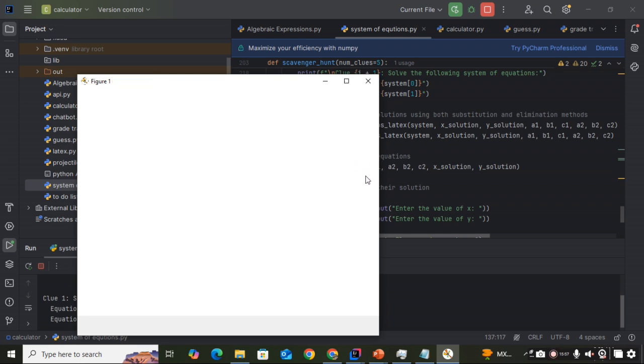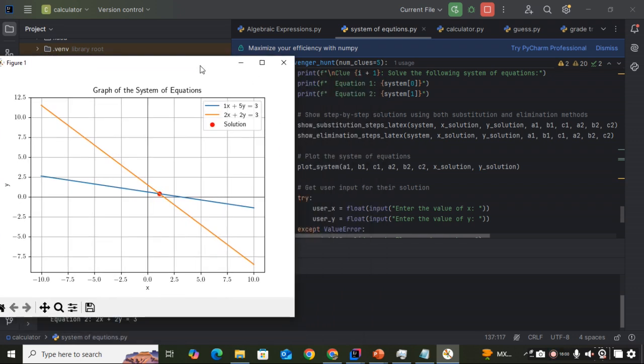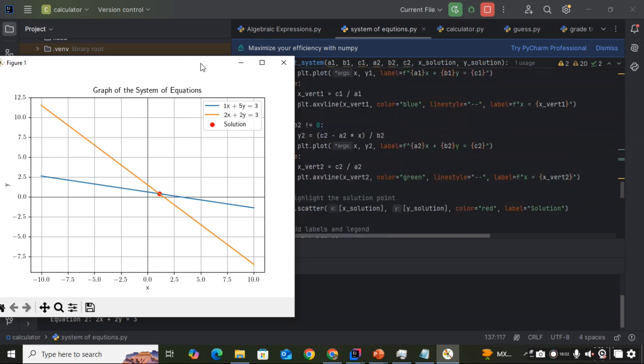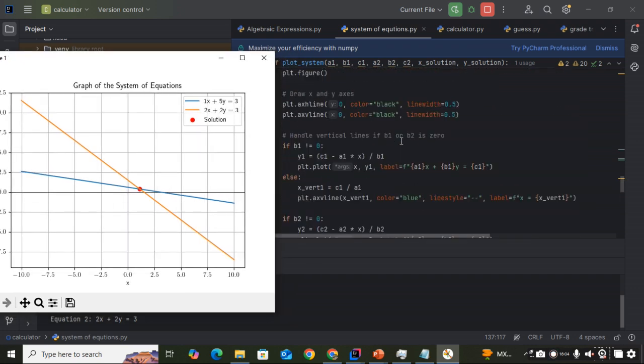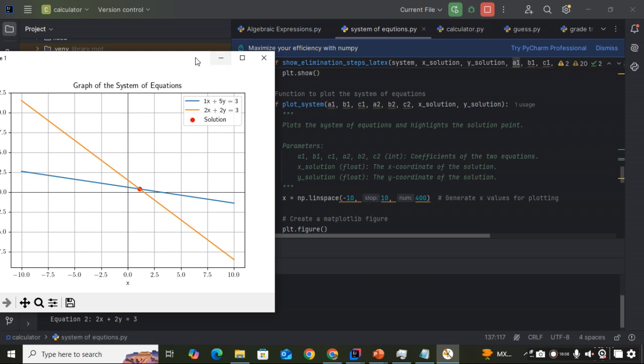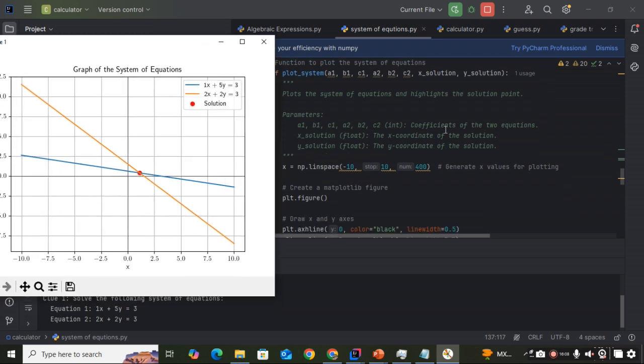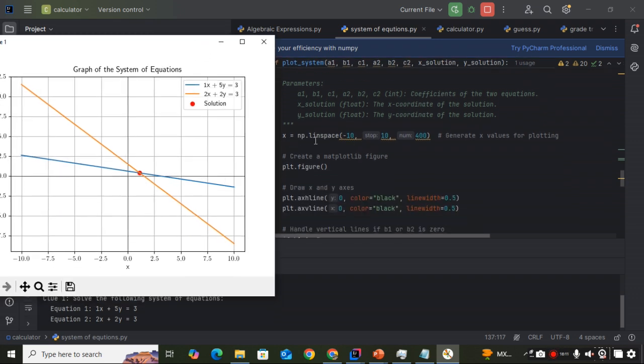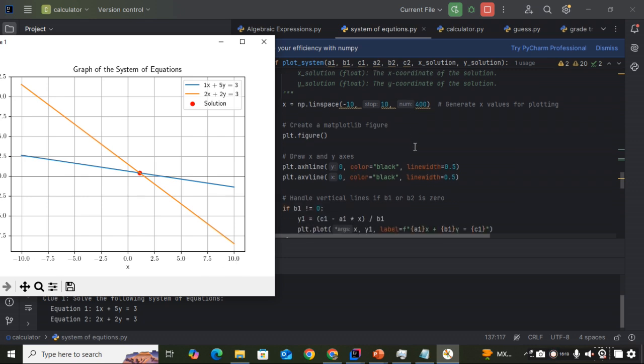So again, we try to wait. Oh, okay, so everything is loaded and it's working fine. So let's try to see the plot system. In the plot system, the coordinate for x goes from -10 to 10, and that's correct.